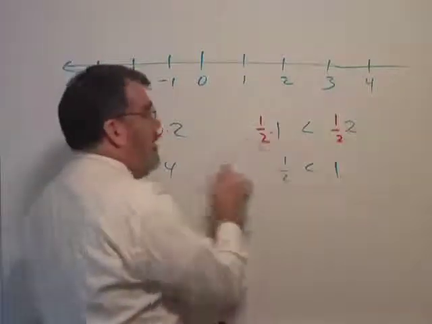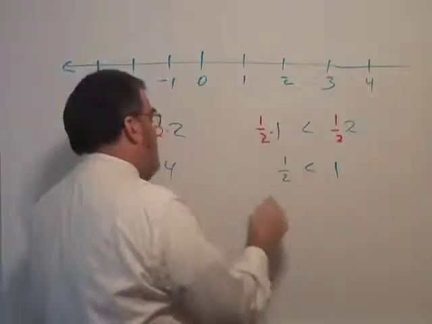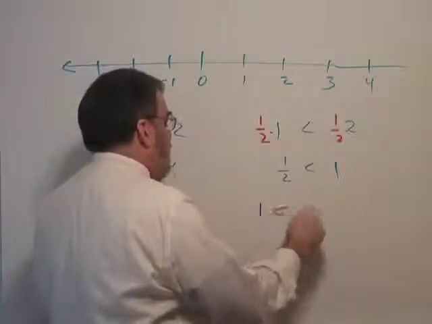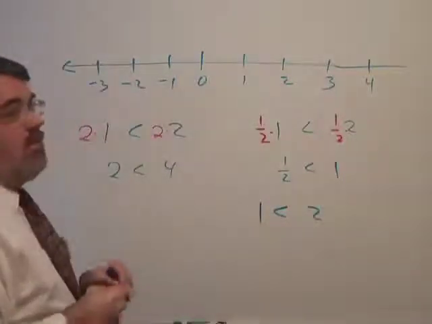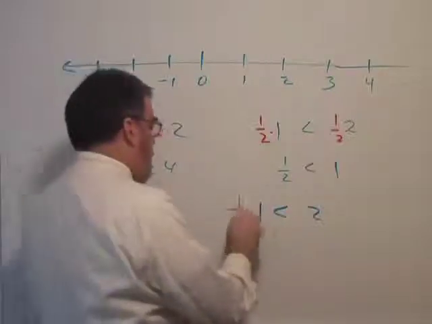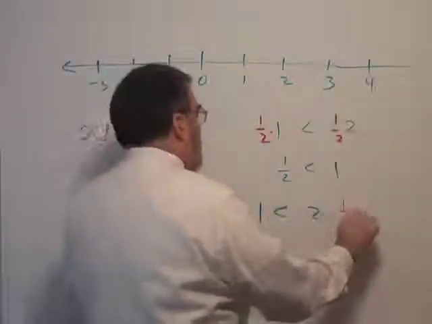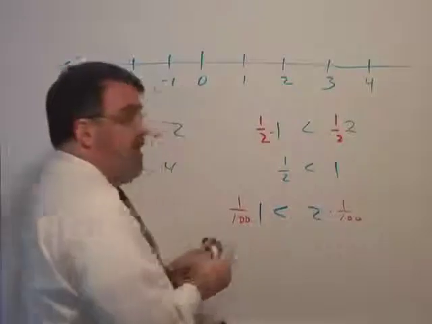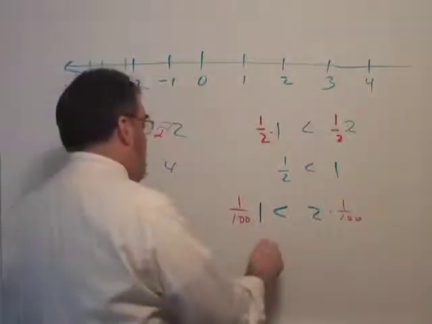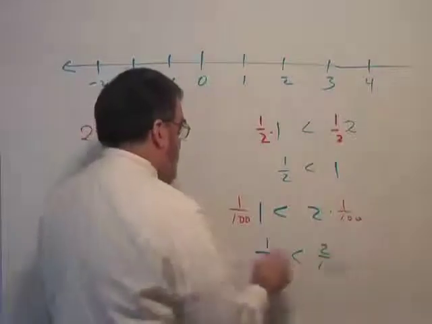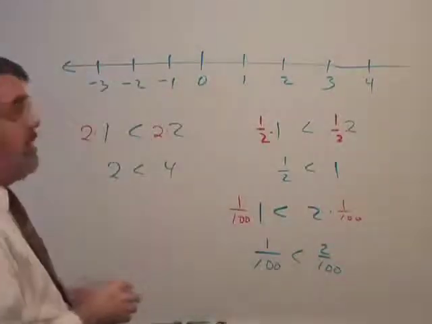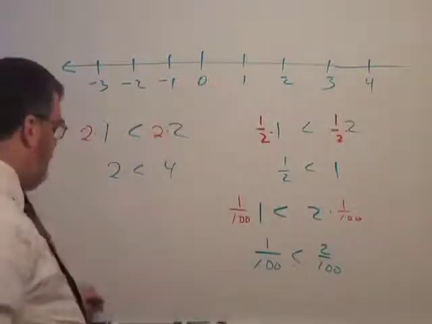Let's work with those compressions, and I'll go with 1 less than 2 again. Now this time I'm going to multiply by 1/100th. So now I have 1/100th is less than 2/100ths. And I think you'll agree those are pretty small numbers. They're very close to 0.